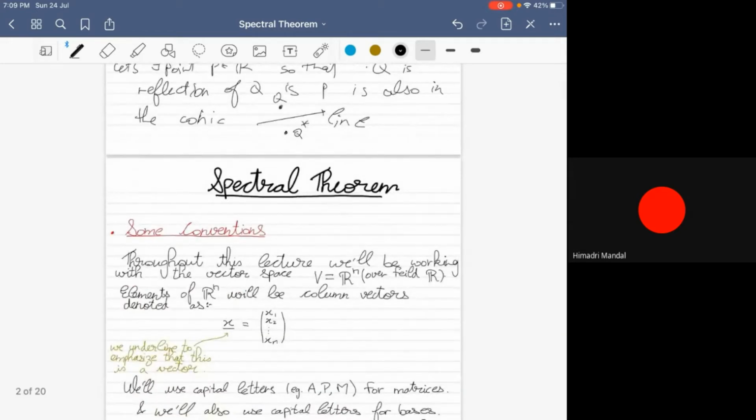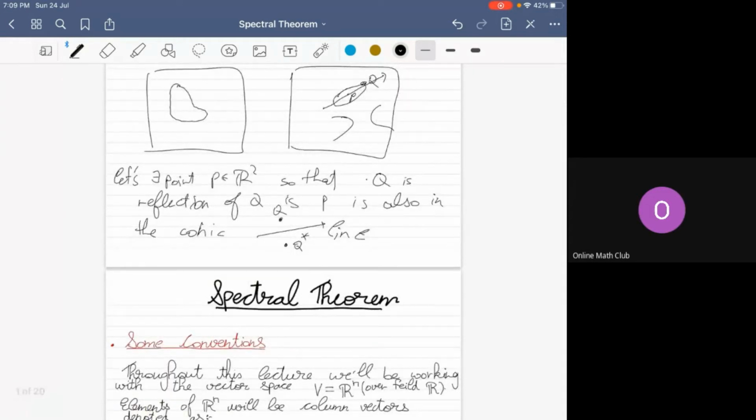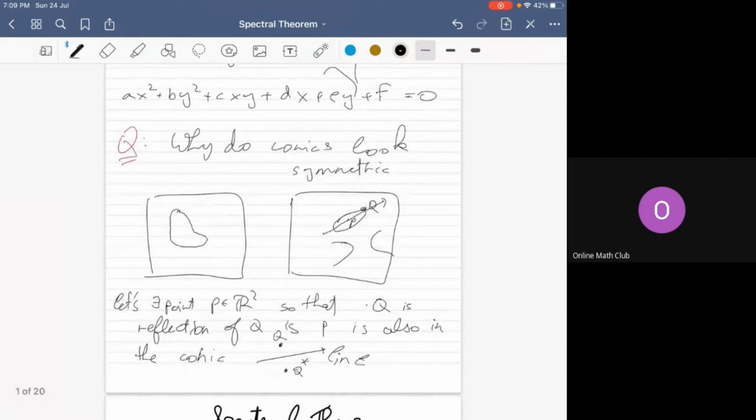And before that, can I make a guess? Yeah, sure. Is it because you can write a conic as x minus h square plus y minus k square plus some constant equal to 0, and then it just becomes symmetric because these are square terms? Yeah, great guess.